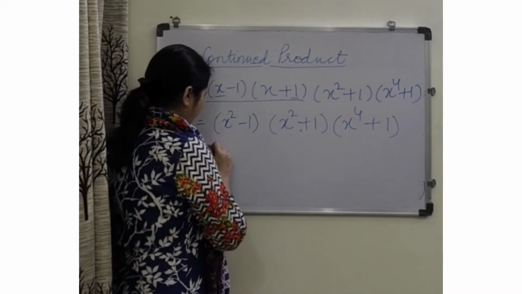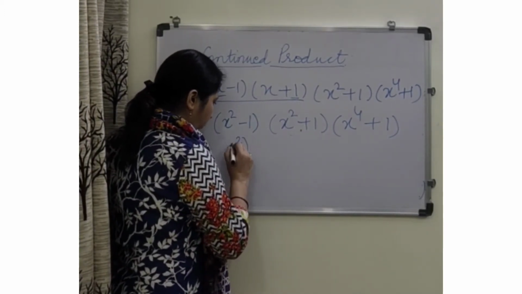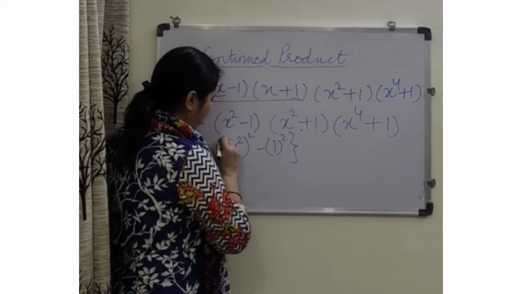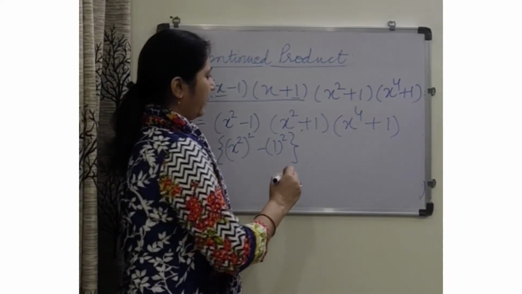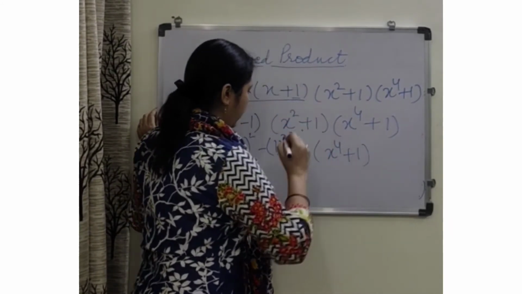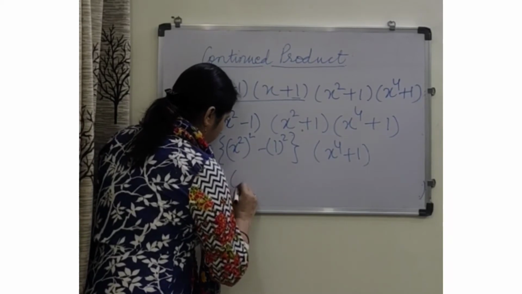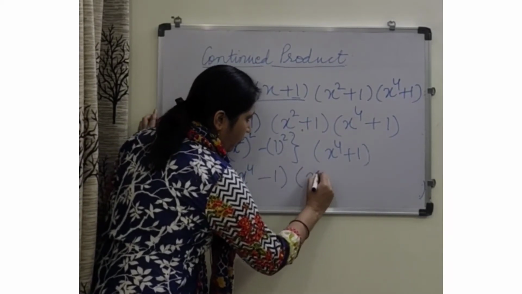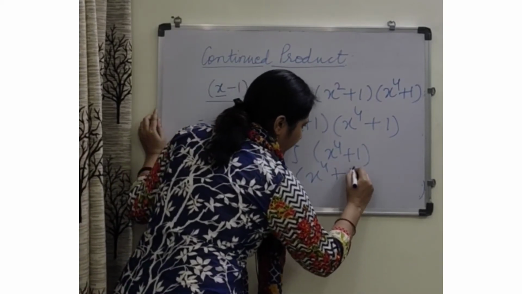So it will be a square, that means x square whole square minus 1 square. But here we need to take the help of a curly bracket. And the last bracket x to the power 4 plus 1 as it is. Now this converts into x to the power 4 minus 1. Here you have x to the power 4 plus 1.